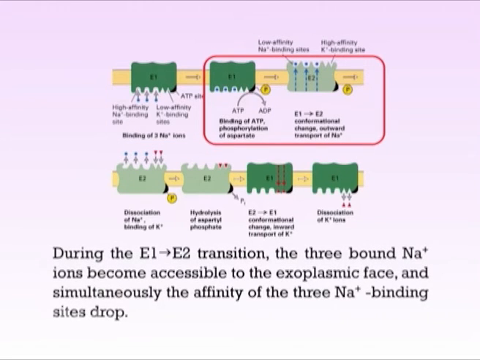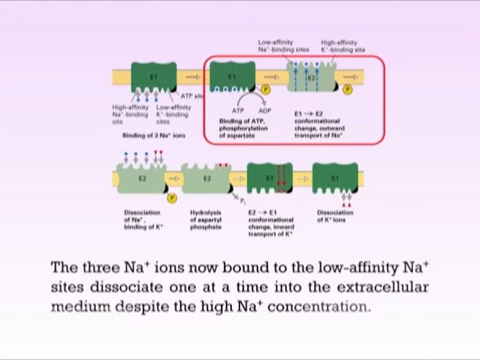During the E1 to E2 transition, the 3 bound sodium ions become accessible to the exoplasmic phase, and simultaneously the affinity of the 3 sodium binding sites drops. The 3 sodium ions now bound to the low affinity sodium sites dissociate one at a time into the extracellular medium despite the high sodium ion concentration.